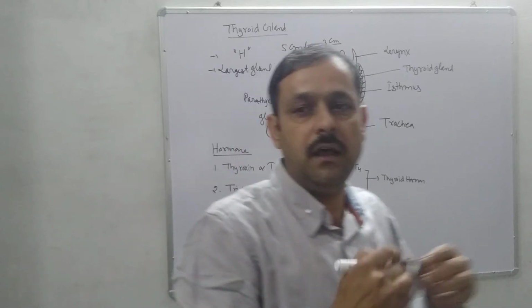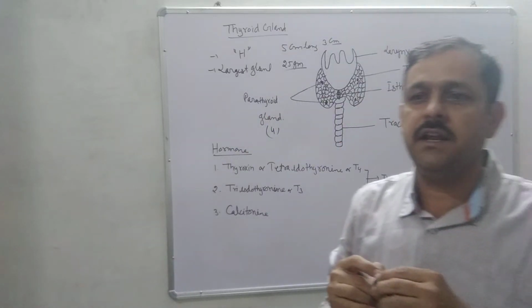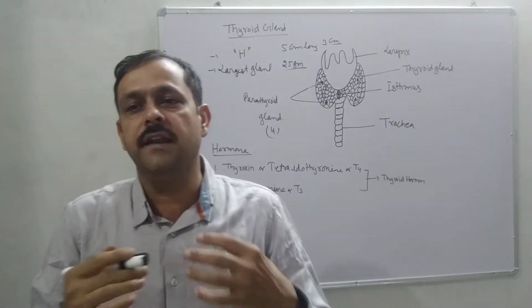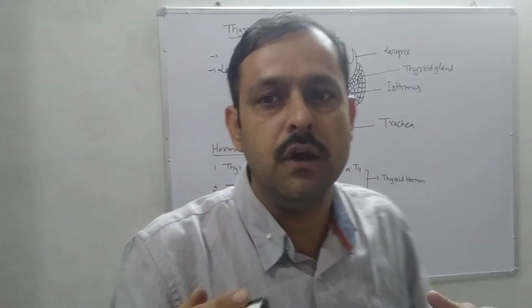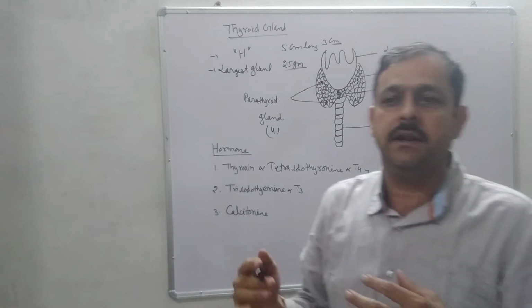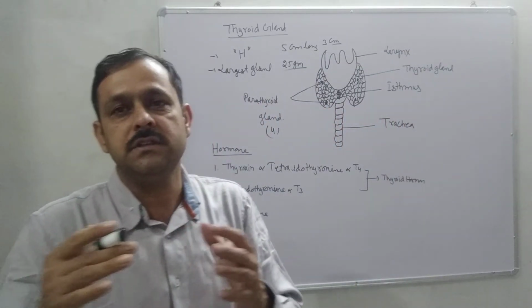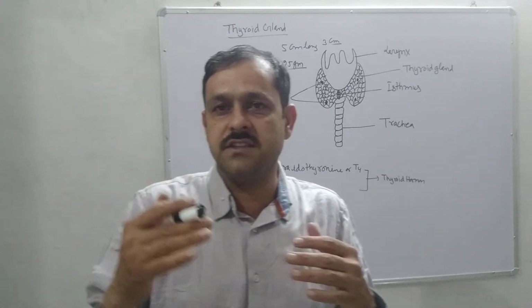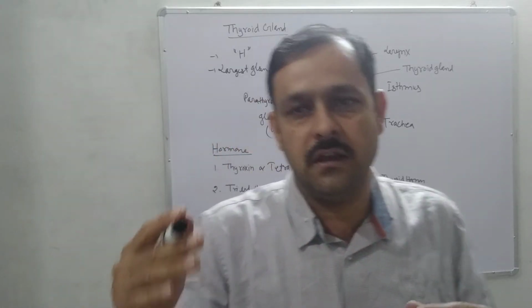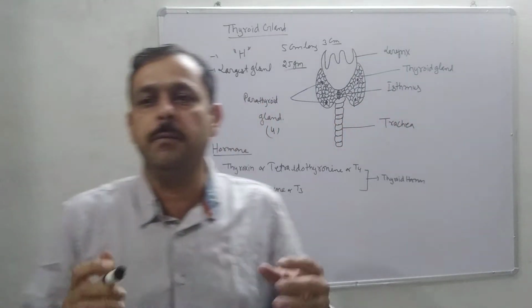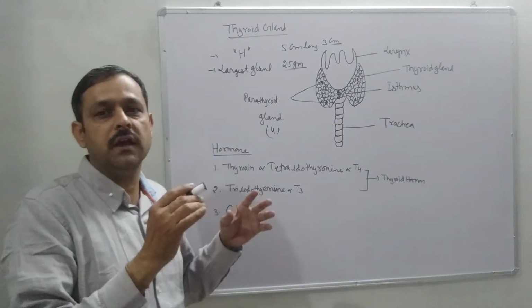Just like the pituitary gland, it is slightly larger in women compared to men. It becomes smaller in old age. Means as age passes, the size of this gland reduces.